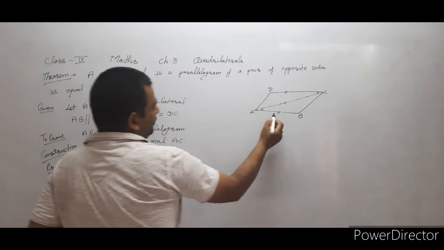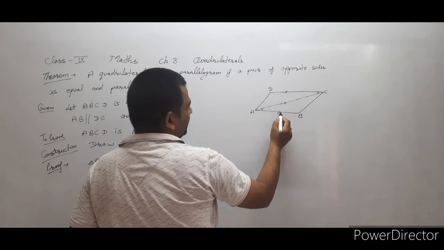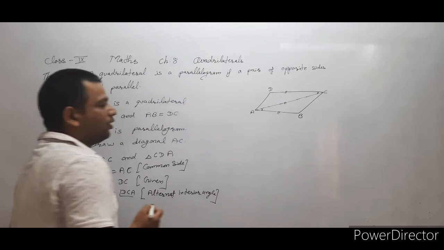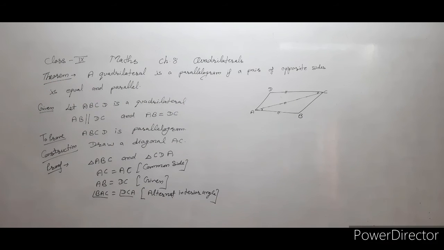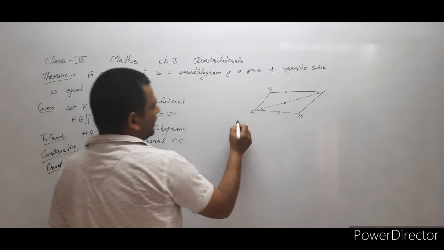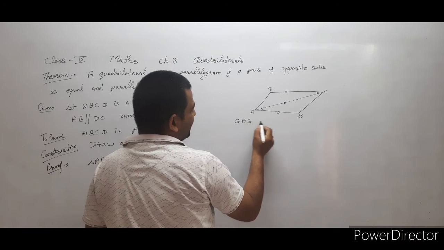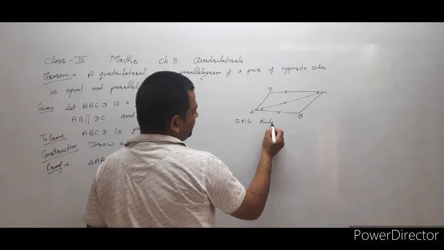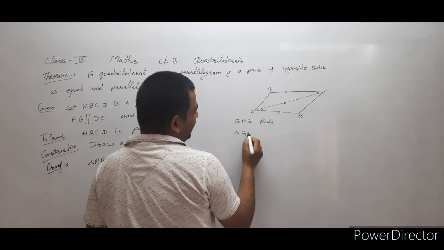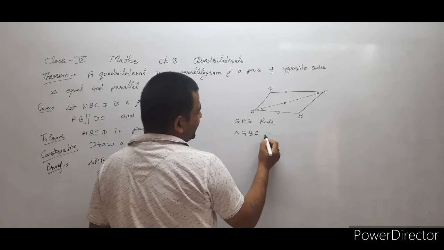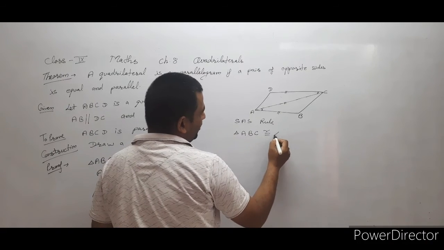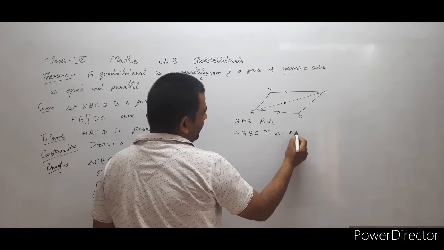Now these two sides are equal and the angle between them is equal. That means by SAS rule we can say that triangle ABC is congruent to triangle CDA.